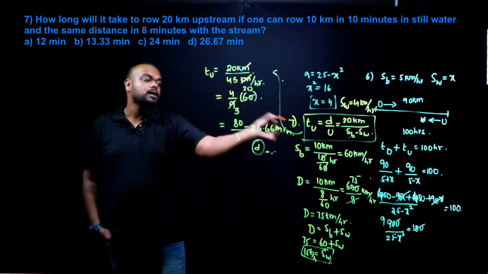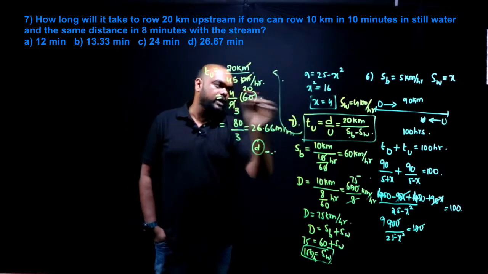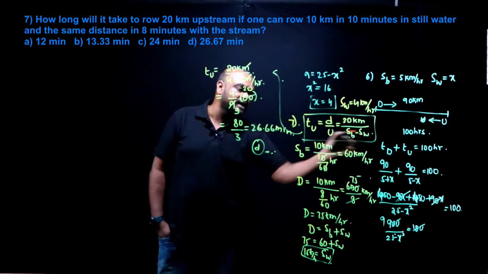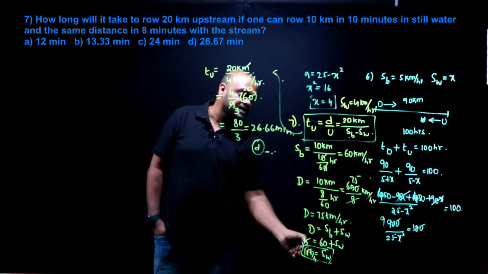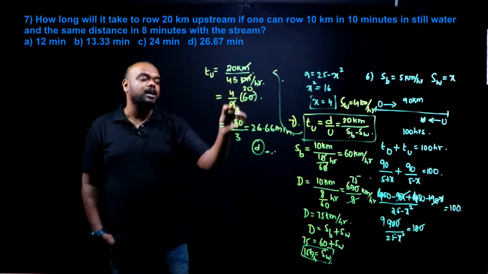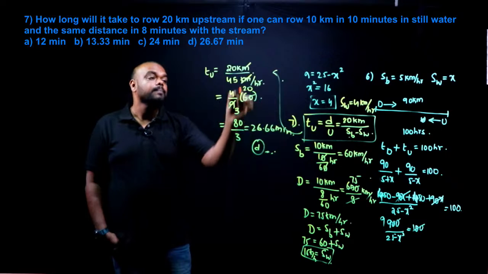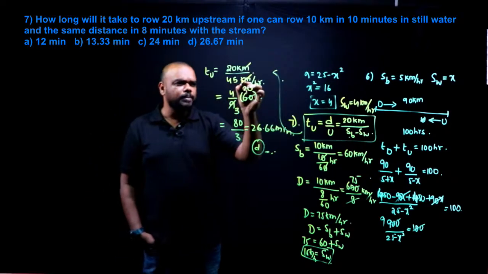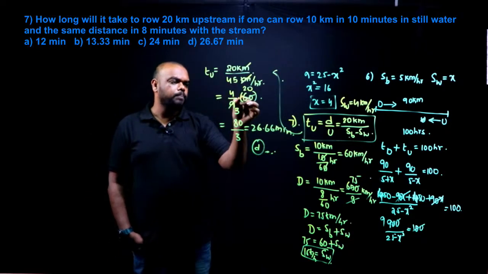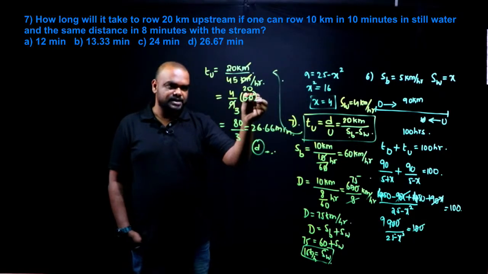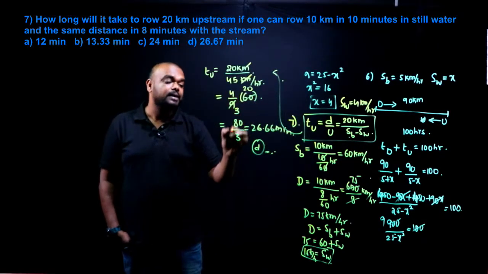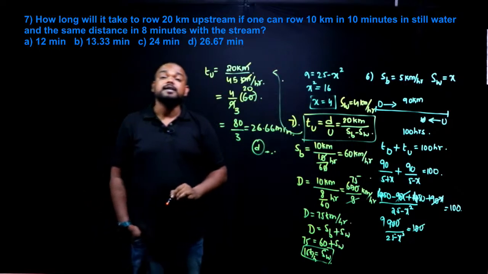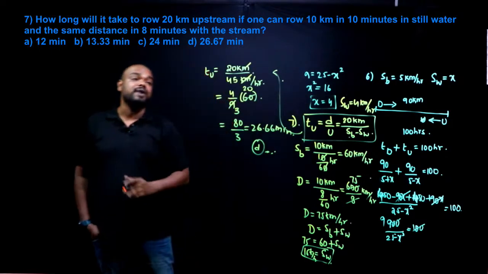Bring it and put it here in this equation. TU equal to 20 divided by SB minus SW, that is 60 minus 15, 45 kilometer per hour. If I do that, I'll get 80 by 3. Converting it into minutes, I'll get 80 by 3, that is 26.66 minutes. And that must be my final answer.